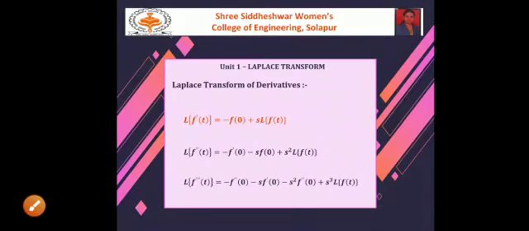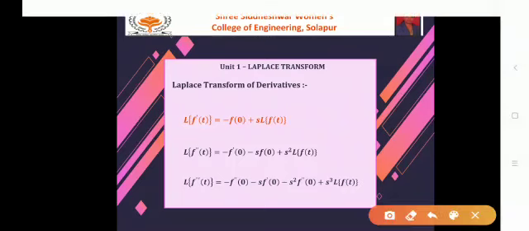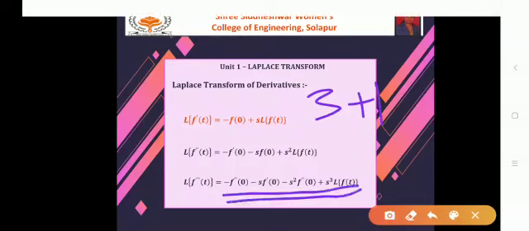Okay, the third one, Laplace transform of the third order derivative. Obviously, third order, so 3 plus 1, 4 terms should be there. There are 4 terms, and only the last term is positive. For the third order derivative, here s cube, the index of s is 3, and the index of s is decreasing here.